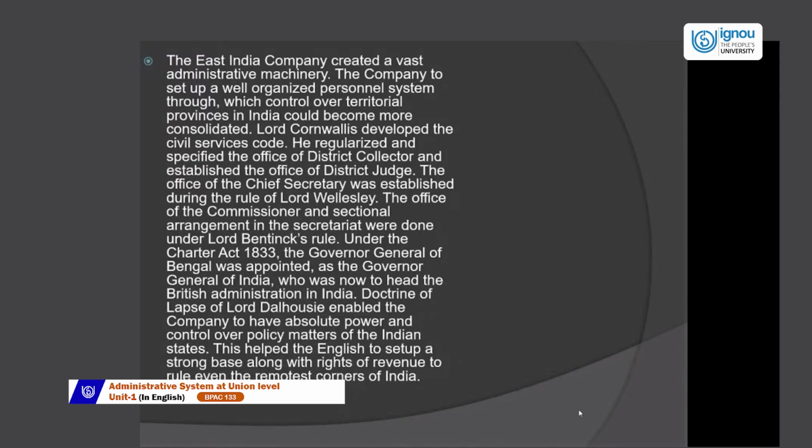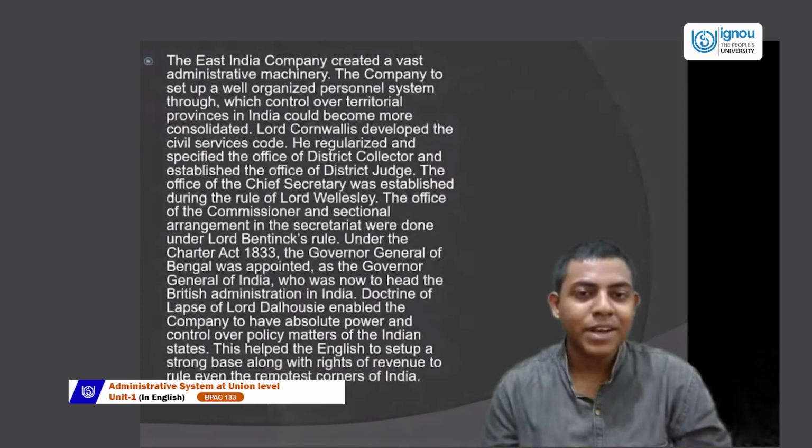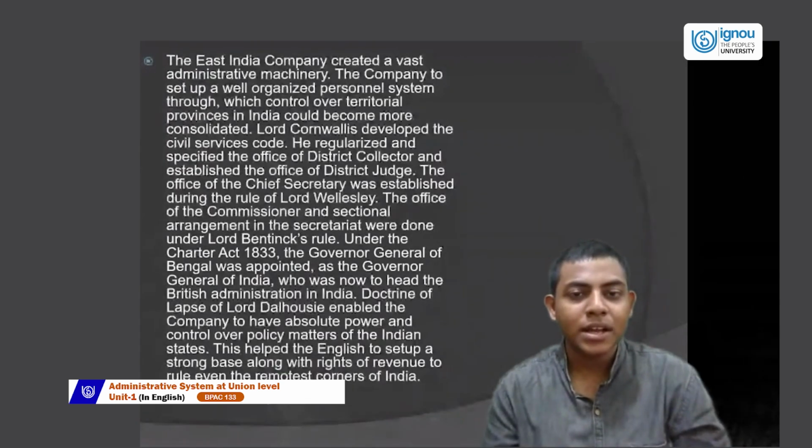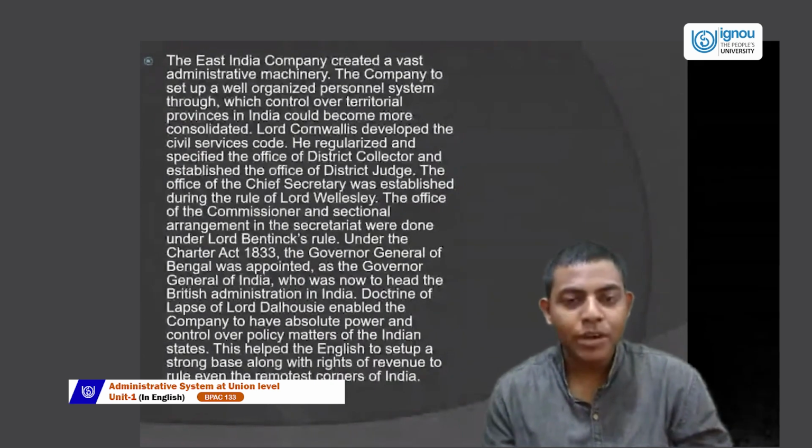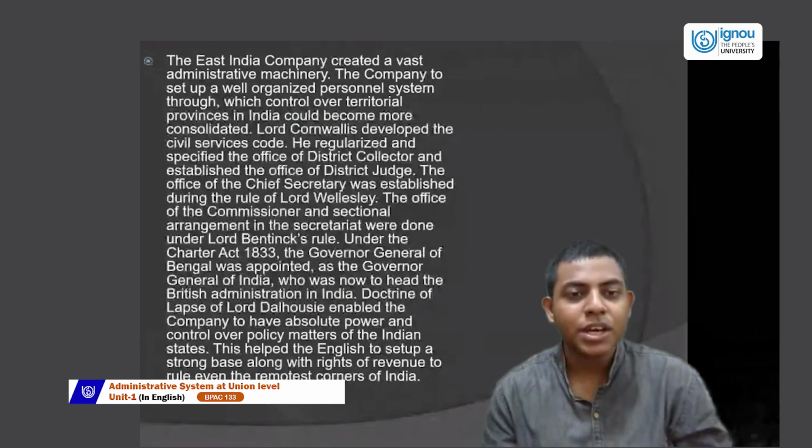The defeat of the Marathas in the third Battle of Panipat also gave a fillip to the company's aspirations in India. Over time, the East India Company became the most powerful institution in India.